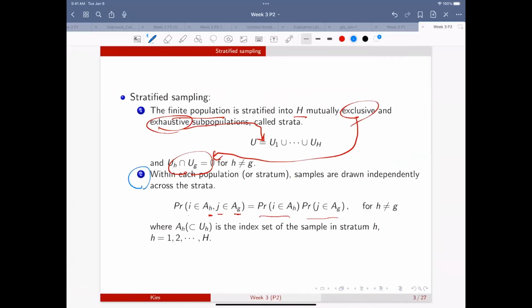A particular implication of the second property is that the covariance of Y hat Hurwitz-Thompson for H and Y hat Hurwitz-Thompson for G is 0 for H not equal to G. The randomness in one stratum is independent of the randomness in the other, so the covariance is 0.